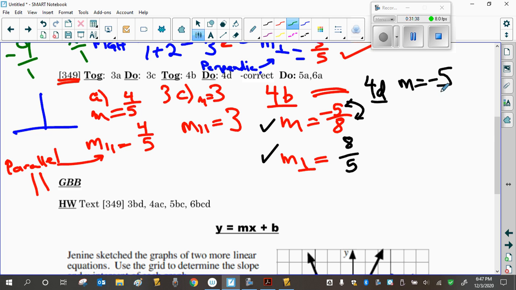And the trick to this one is putting it over 1. So -5 is -5 over 1, so perpendicular is flip it, and one of them has a negative sign. Negative reciprocal, those are perpendicular.